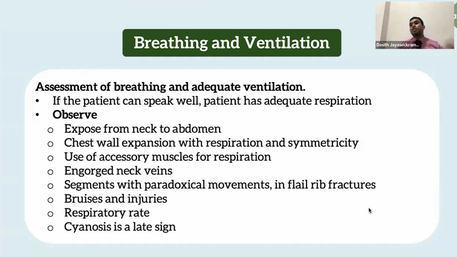When the lung expands, there's negative pressure, and since the flail segment is not attached to the chest wall, due to the negative pressure that part will sink inside. I hope you understood. And in expiration, when the chest wall retracts back, the flail segment will bulge out. That's called paradoxical movement in respiration.